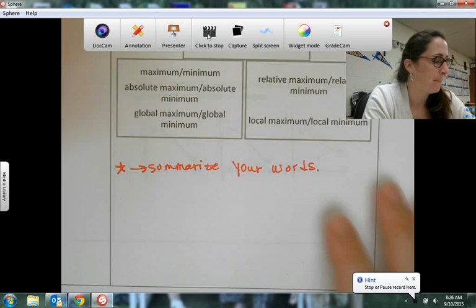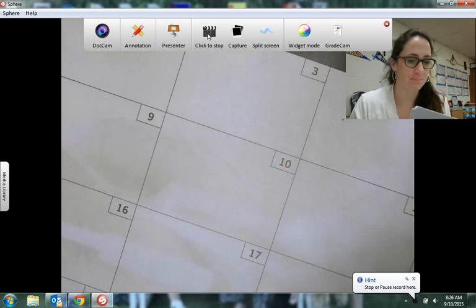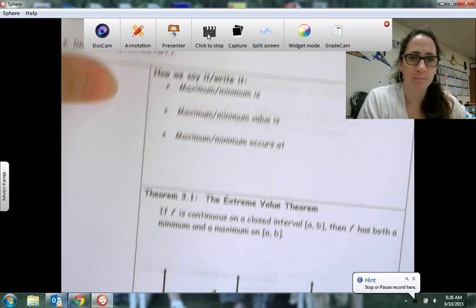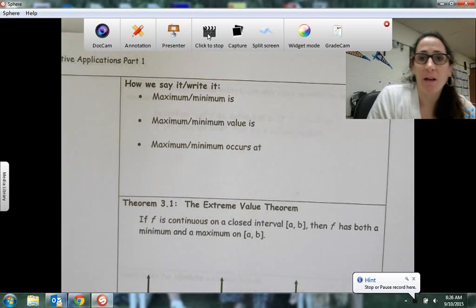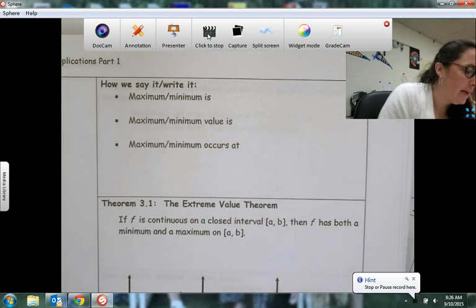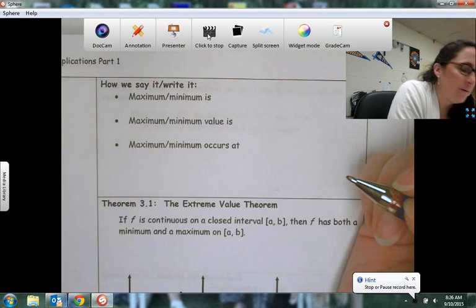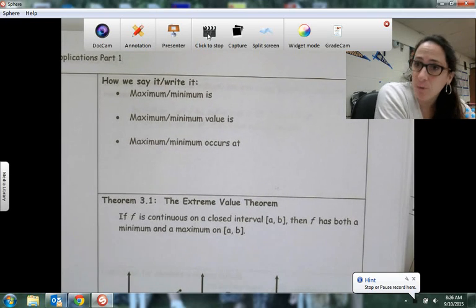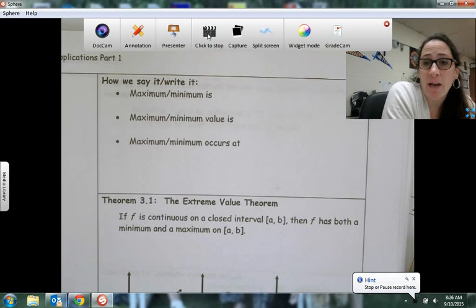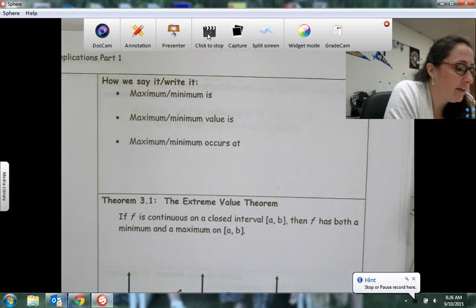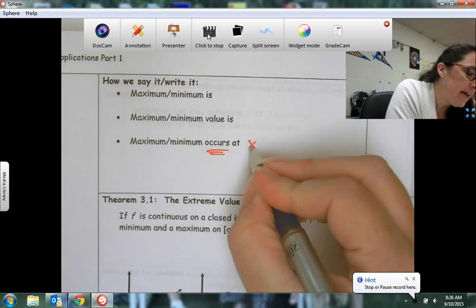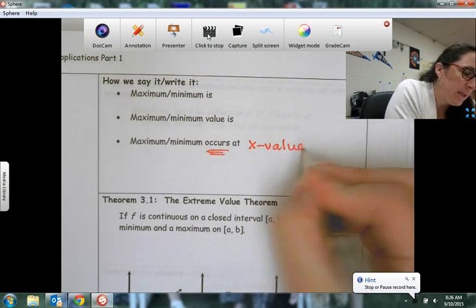And if I just ask you for a maximum or minimum, then this is a point with the x and the y. Okay, so this is important that you know, because if you write the x value, even though it's the correct x value where it occurs, it may not be what I'm asking you. I may want the y value. So make sure you can identify what it's asking for.